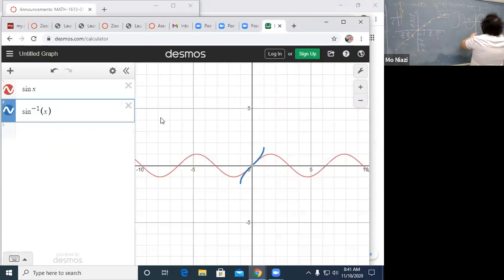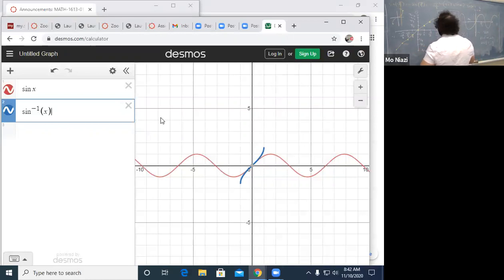So the range, for sine of theta, it had a domain negative infinity to infinity. It had a range negative 1 to 1 inclusive. But when you flip it and you get sine inverse, its domain is now the lengths that you can input.